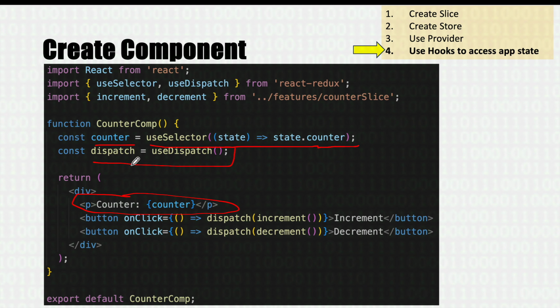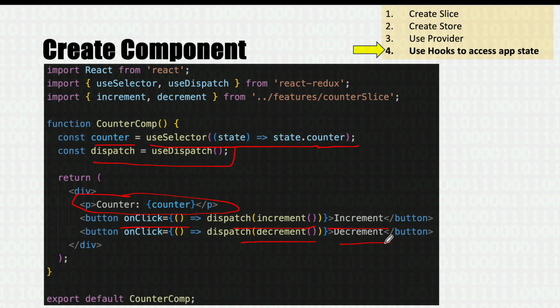So for dispatch, we use the useDispatch hook, and this is what is happening. On click, there are two buttons which I have placed. One button is called increment, another one is called decrement, and the increment action is dispatched when I press this button, and the decrement action is dispatched when I press the decrement button.